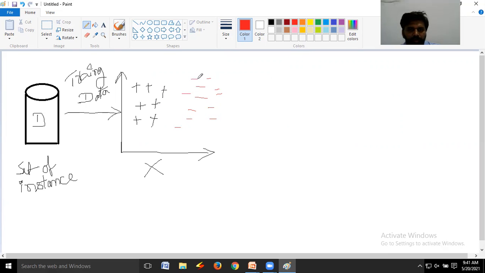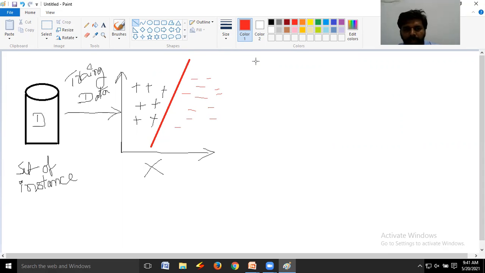See, to separate positive and negative instances, we are using planes or lines. See, observe this. Here we're using a line like this.